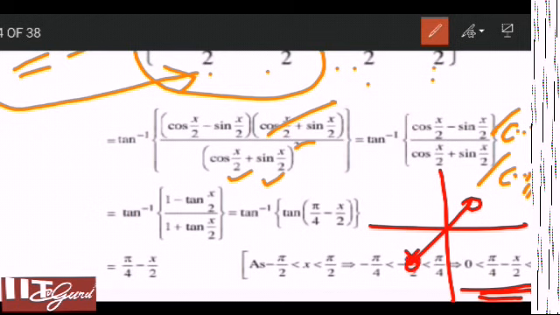Okay, so question number 1 I want to solve. Let me note down question number 1. You can note it down and try yourself also.